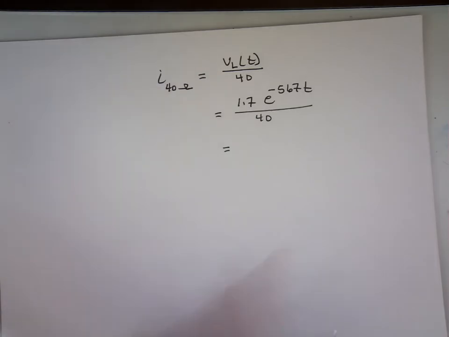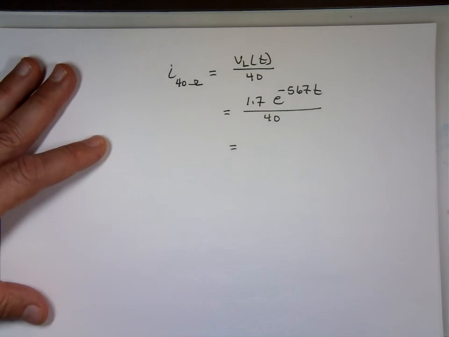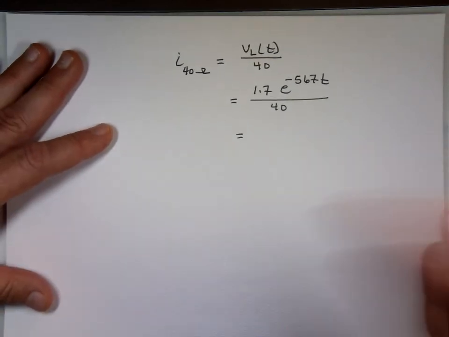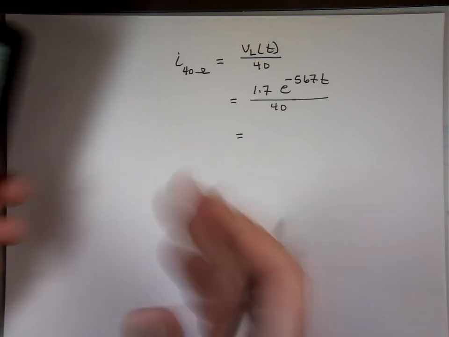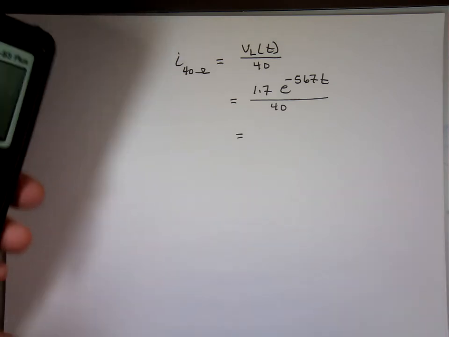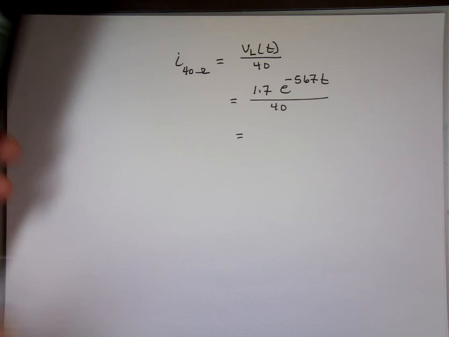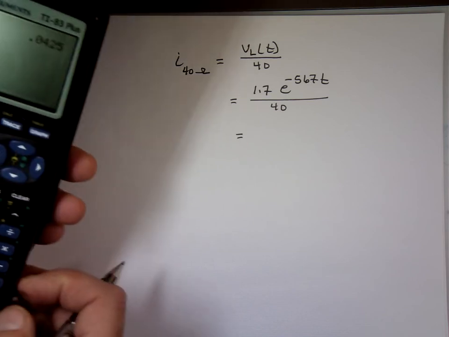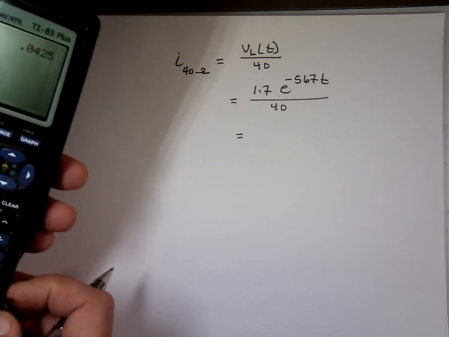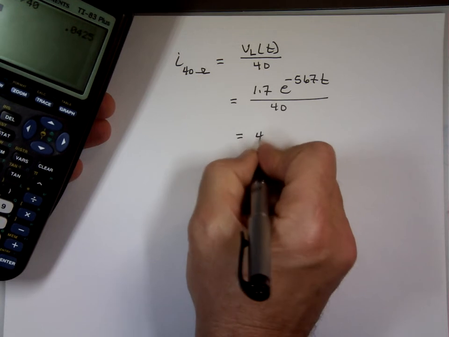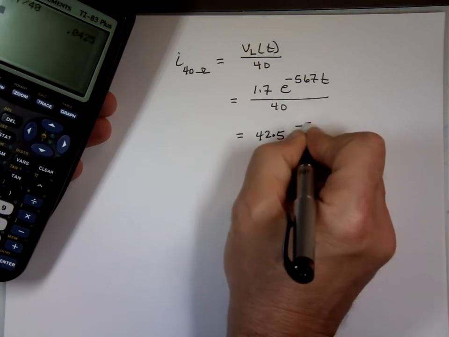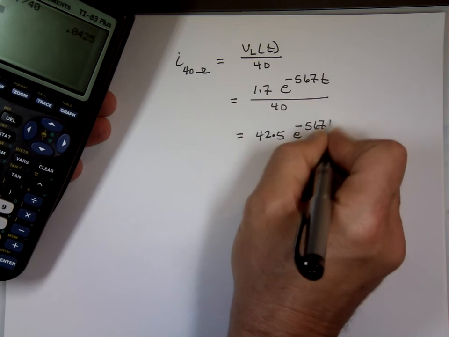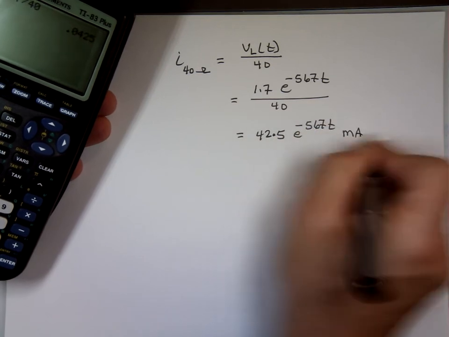They make you memorize all this stuff. I like to derive everything. I don't want to memorize, oh, if this is this, do that, beside the equation. I like to see them step by step, what's happening there. So that's 42.5 e to the negative 567t in milliamp for t greater than 0.